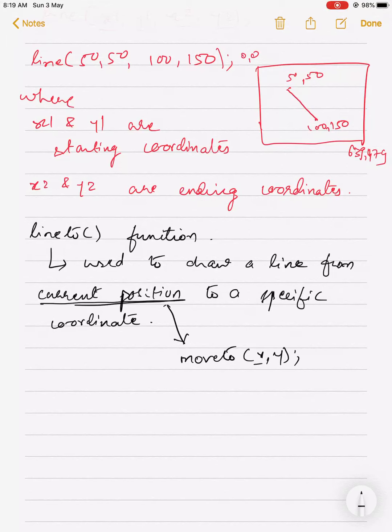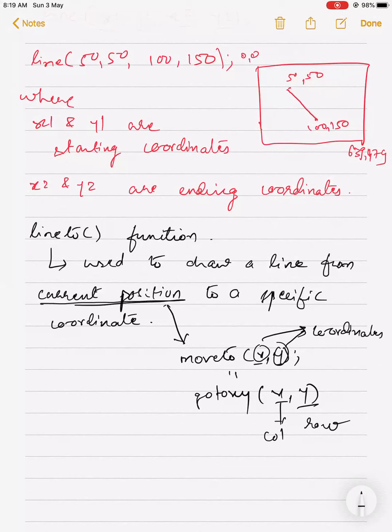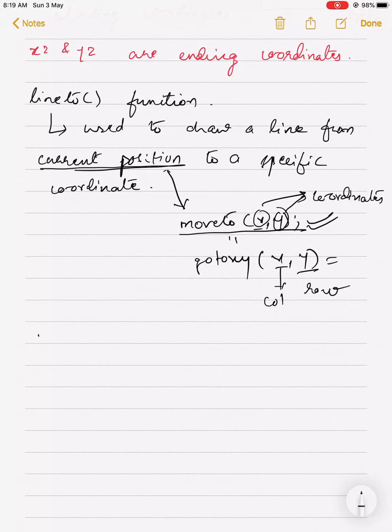Moveto means these are the x and y coordinates. This is similar to gotoxy, but in gotoxy, x was column and y was rows, whereas here x and y are coordinates. So these are much more accurate compared to this. So in most cases moveto is used. Just pay attention.